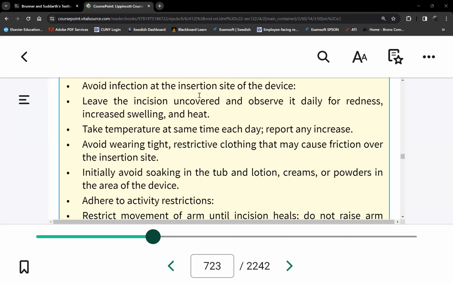If it's newly inserted, they're not kept in the hospital for a long time. After pacemaker insertion, they're kept maybe one to two days and sent home. So the incision is still fresh. They have either staples or stitches. So leave it uncovered, then check daily for redness, increased swelling, and heat. And report if the patient has any fever.